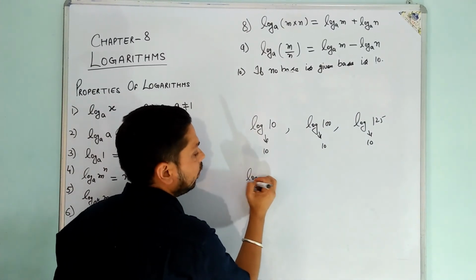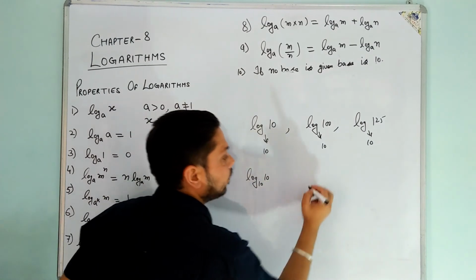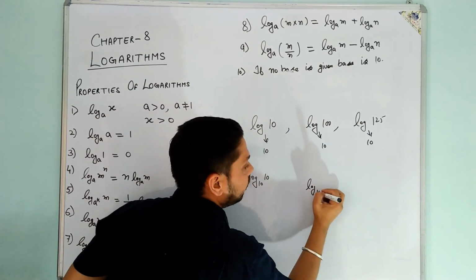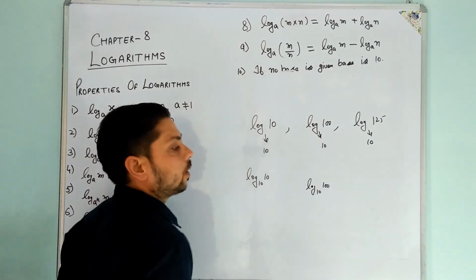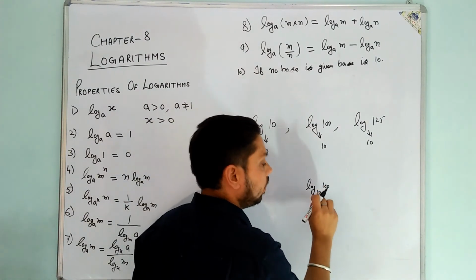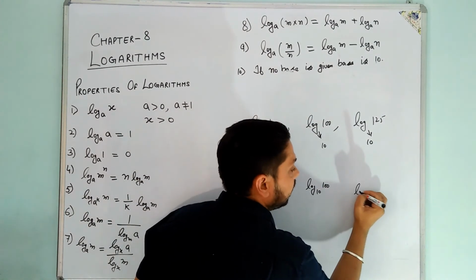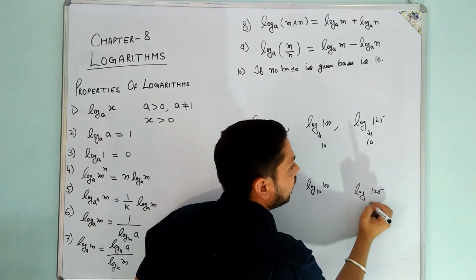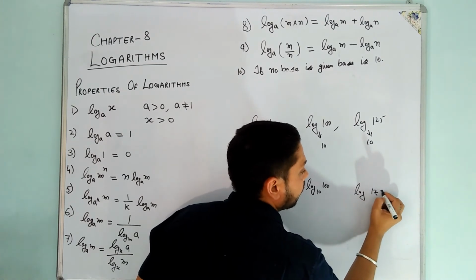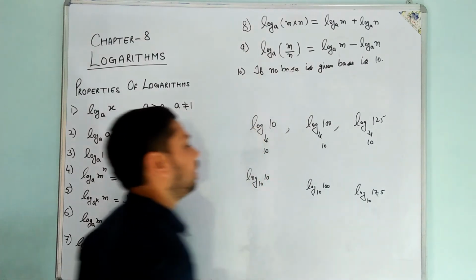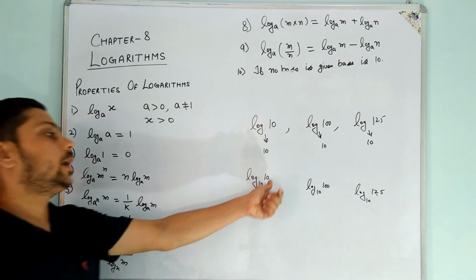This will give you log of 10 with base 10, log of 100 with base 10, and log of 125 with base 10. Which property are we using here?